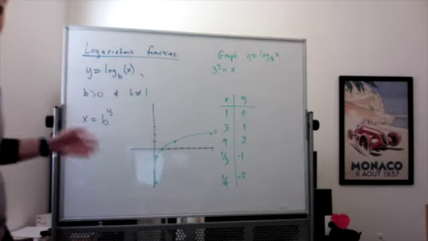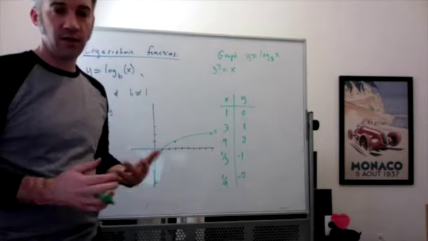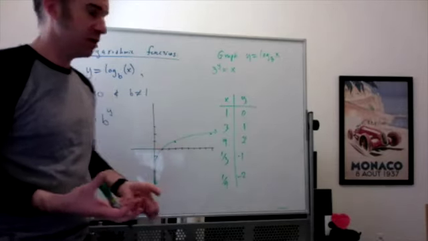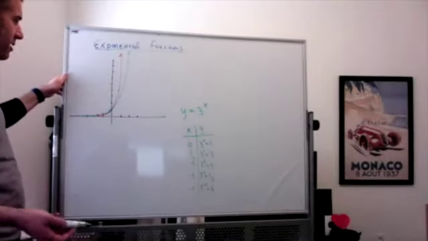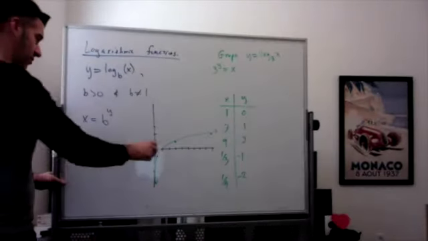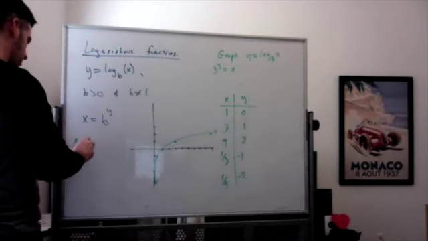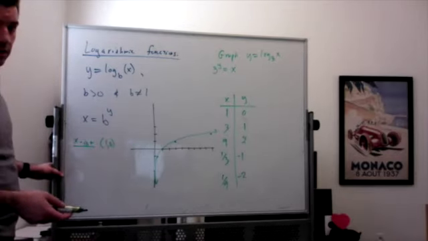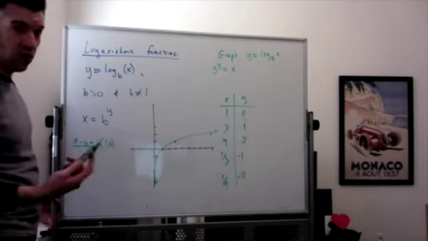What I think is worth noting here is that basically all of the x and y properties have interchanged. Instead of having a y-intercept of 1, we have an x-intercept of 1. Instead of having no x-intercept, we have no y-intercept.